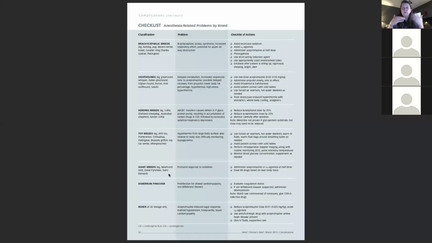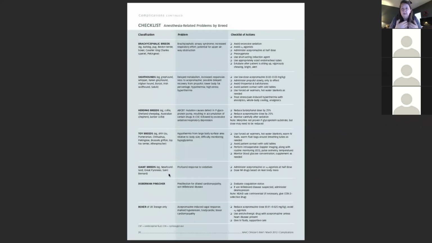So if you calculate 5 milligrams for that dog, you're only going to give 3 milligrams. So there are some sedatives, especially acepromazine. I always use lower doses in my big guys because they have a more profound effect because they have a slower metabolism.